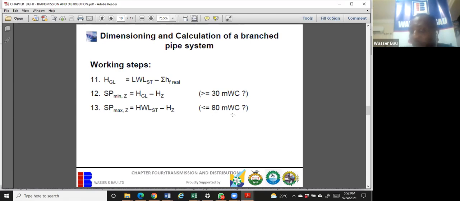That will give you the SP minimum. This means that your maximum pressure must be less than 8 bars or 80 meters of water column, and your minimum pressure should be more than 30. Please, I want us to take note of this. There are always boundary conditions.